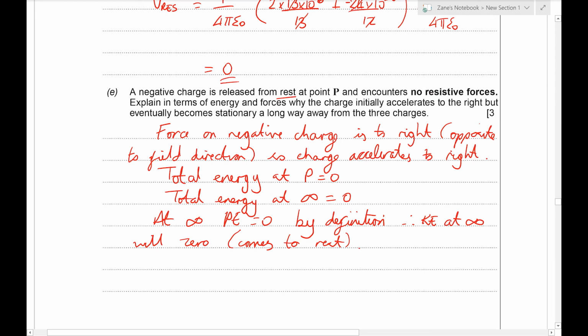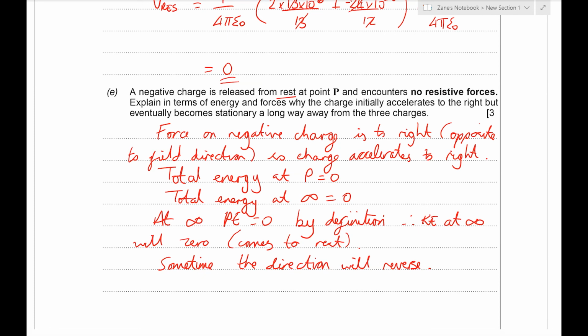And what that does imply then is if originally the force was to the right, sometime along the journey, the direction of that force will change. Will reverse would be a better word, to make it clear that it would be a force to the left. Basically, we're looking for any 3 out of the main points that we've got here.